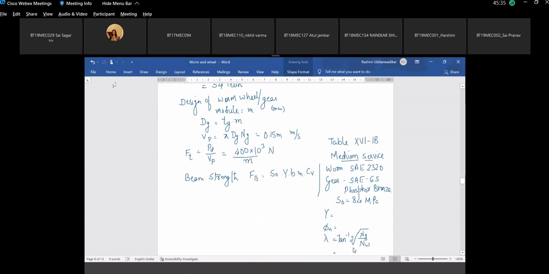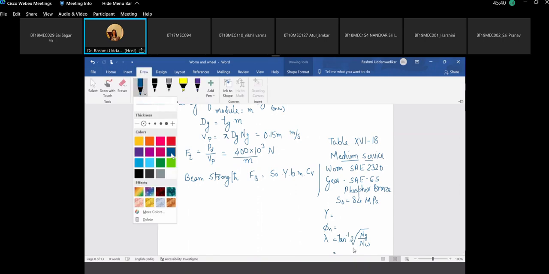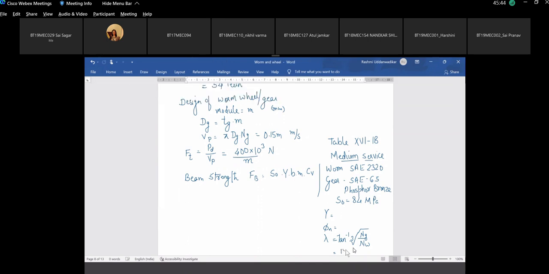And for this, what is the value of phi n? For lambda is 18.4 degrees, table 1616 is giving the value of pressure angle. Pressure angle comes out to be 20 degrees.